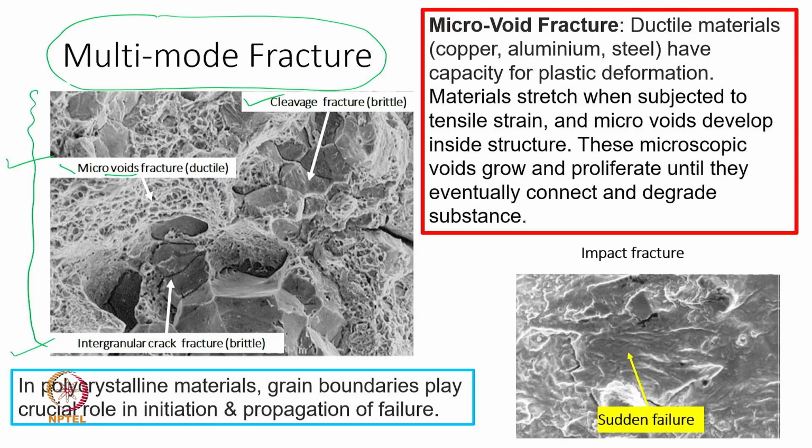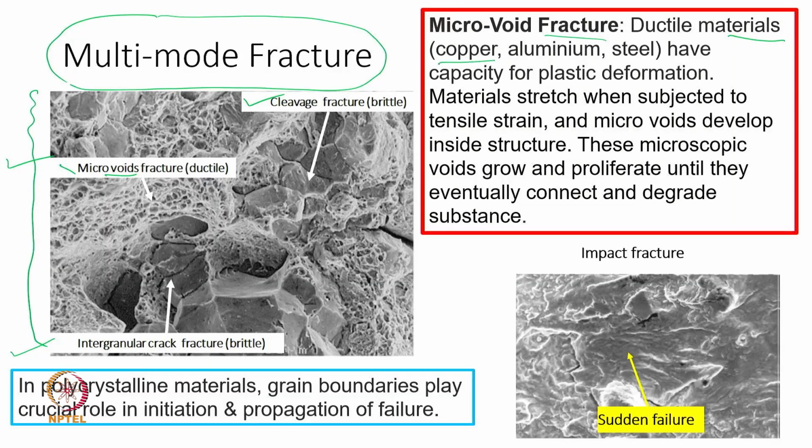Dimples can also occur in brittle fracture, as part of brittle fracture, but mostly the microvoid fracture occurs in ductile materials. That is why we say microvoid fracture is mostly present in ductile materials. I can name a few ductile materials: copper, aluminum, steel and many more, and this is a subject of plastic deformation.